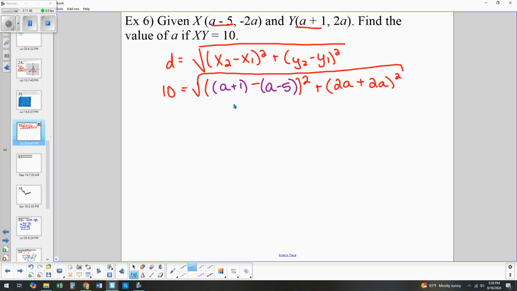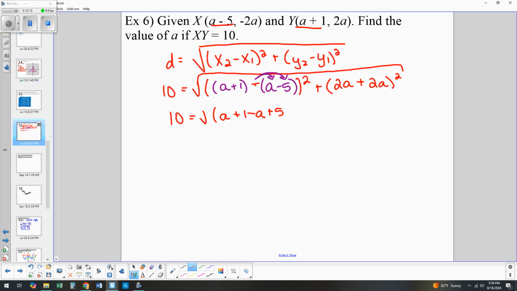So the most important part here is we're going to work underneath the square root first. The square root's going to be one of the last things we get rid of. But I need to make sure this negative gets distributed to both things in these parentheses because I'm subtracting everything in these parentheses. So this is going to end up being a plus 1 minus a minus negative 5.